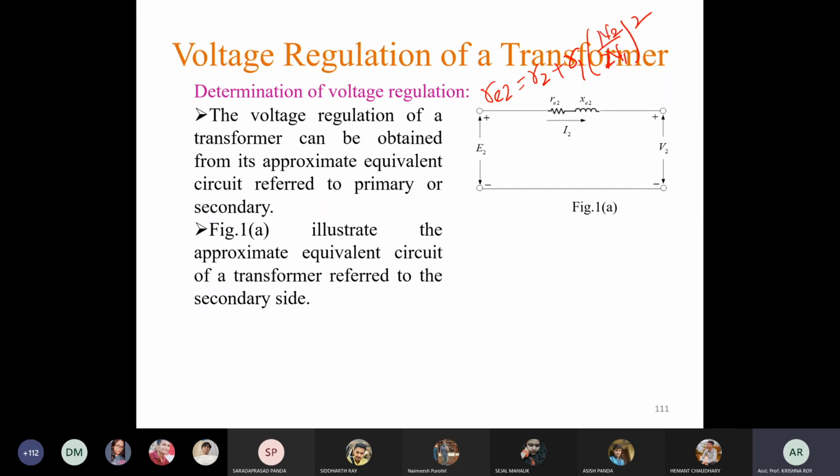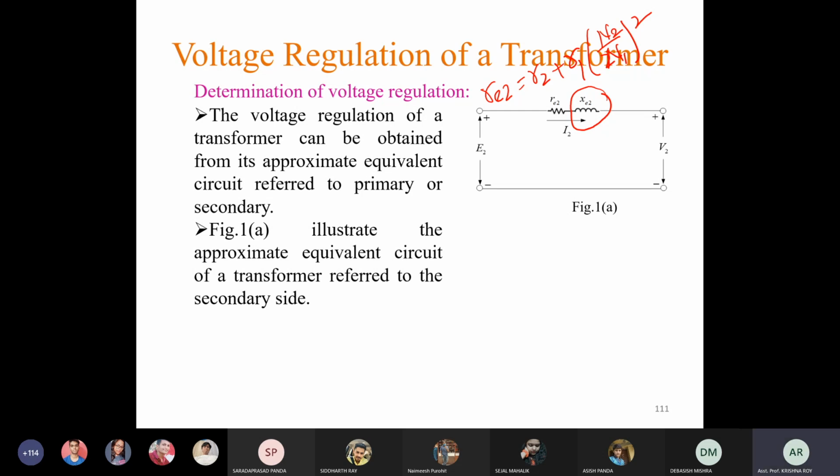Then RE2 is the total or equivalent resistance referred to secondary side. Same is applicable for XE2 also. So this is the equivalent circuit referred to secondary side when the exciting current is neglected, and for that we have not included the parallel branch, that is RC and XM. RC is the core loss resistance, XM is the magnetizing reactance.